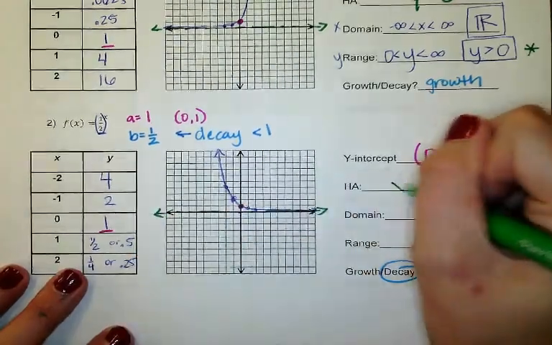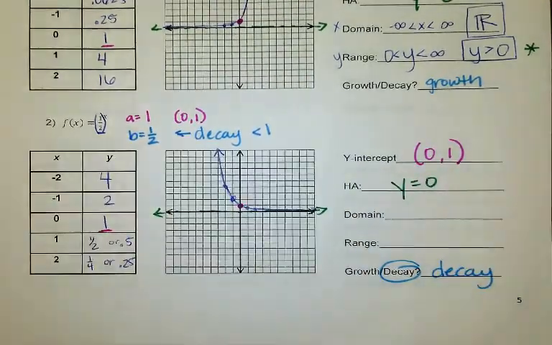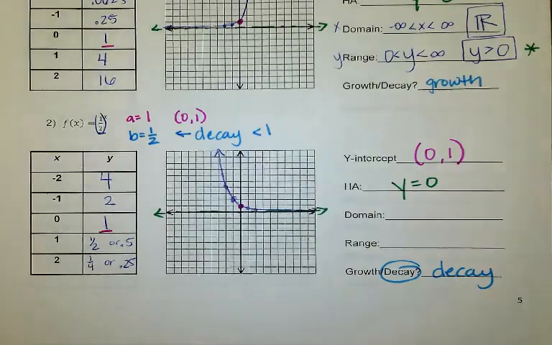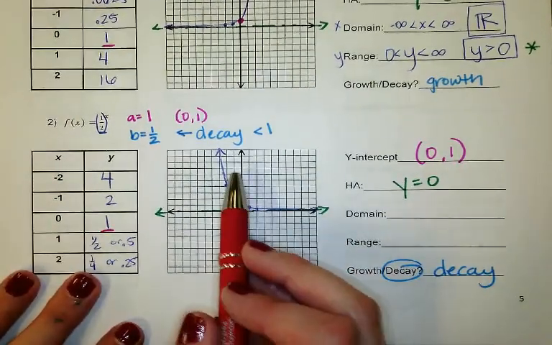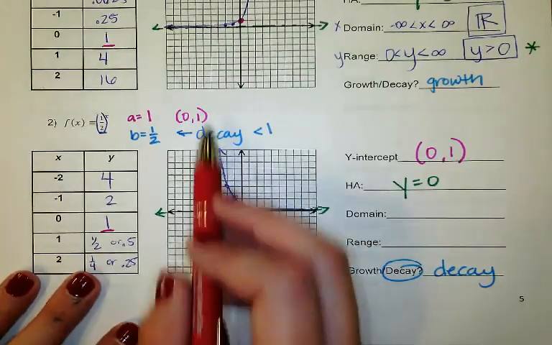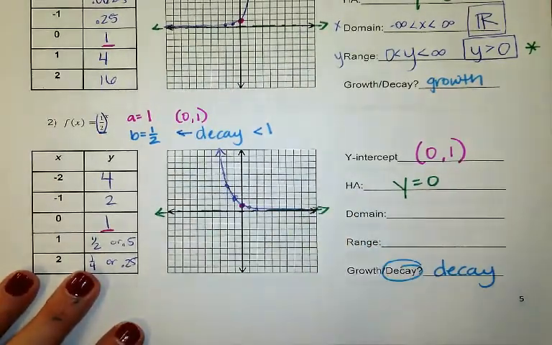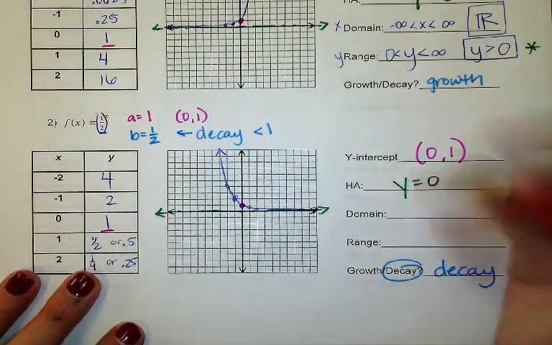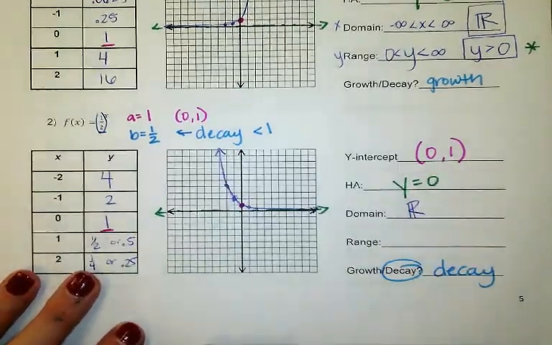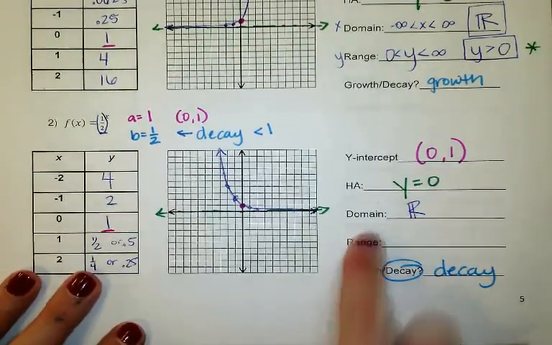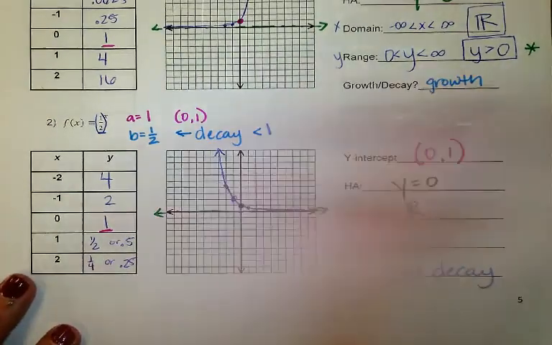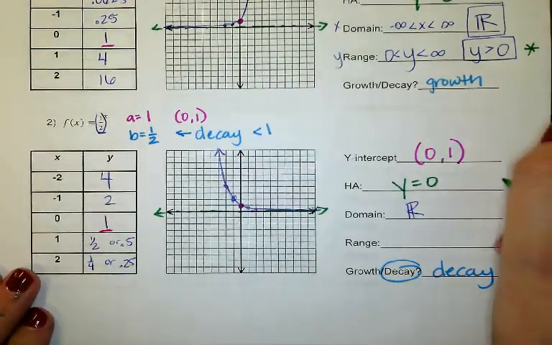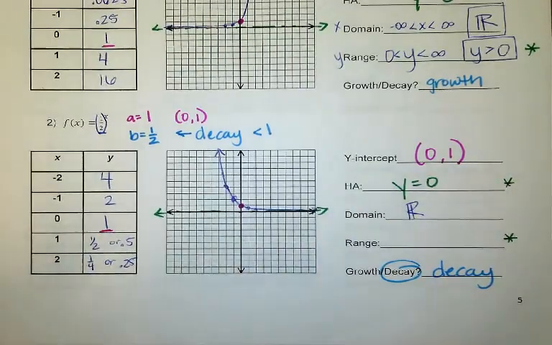Okay? Now today we notice, okay, what is my domain? Well, to the left and to the right, does it go on forever in infinity direction? Yes. So this one is going to be all real numbers. My range, well guys, remember it's connected pretty deeply to that horizontal asymptote. So let me ask you this question. Are all of my y values greater than 0 or less than 0?